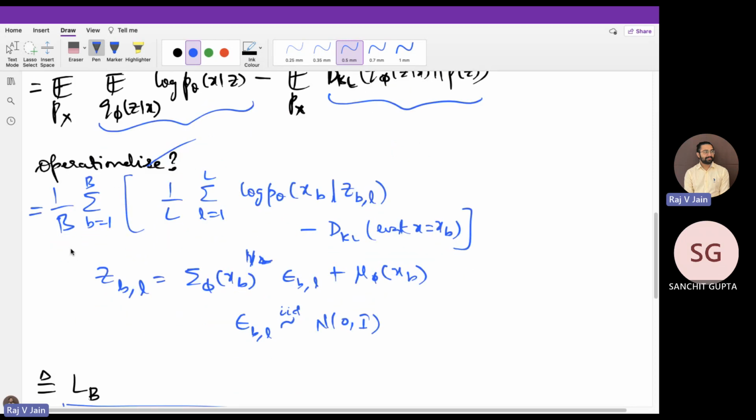How to operationalize it? I sample a batch of images from the data. For each element, I pass it through the encoder, get sigma phi and mu phi, sample epsilons, multiply, and you'll get the ZBs. Pass them through your decoder, and you will get an image. Simple, right?